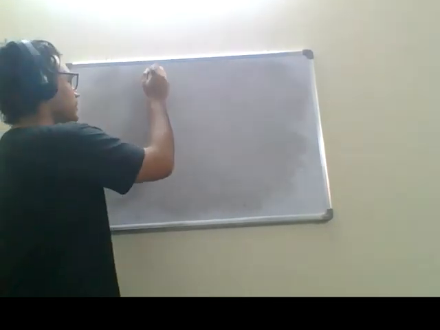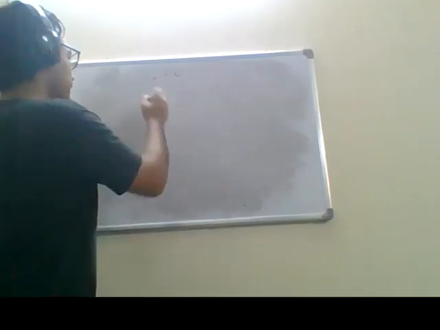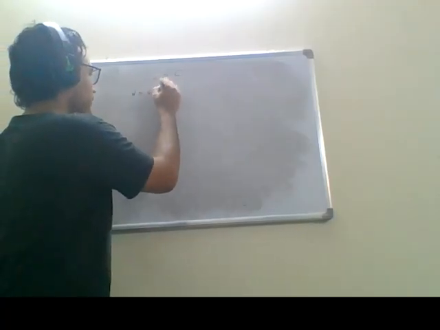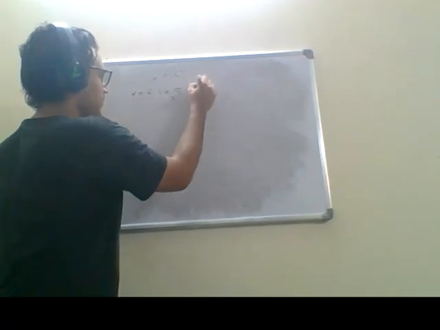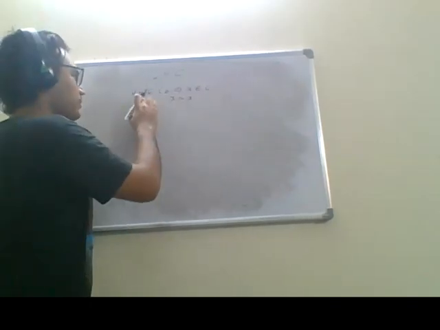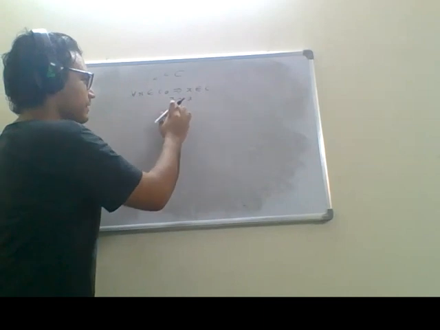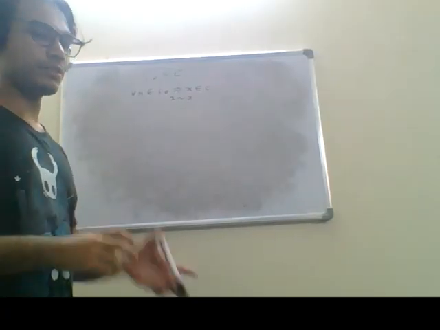Okay, so C naught is a subset of C. So first one, for all x belonging to C naught now, I think it's directly true because this implies this and this implies this by reflexivity of C, right? So what does the restriction mean? Hang on, the restriction is defined, right?